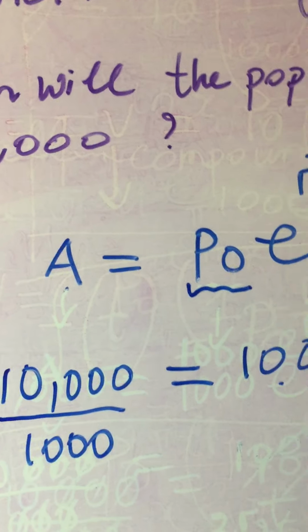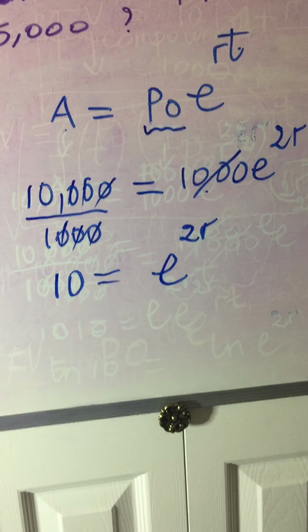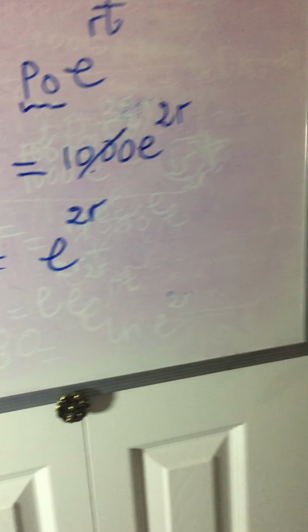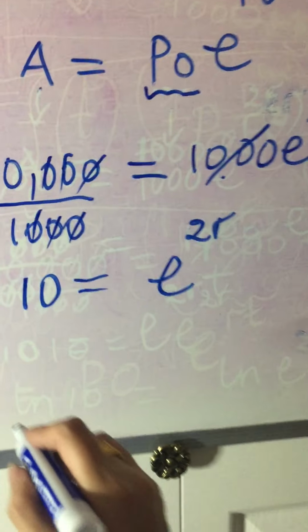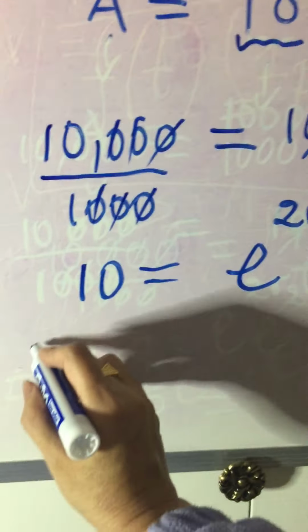e to the 2r. Now I can solve this equation by taking ln of both sides. So ln 10 equals 2r, and I'm going to bring the 2r down in front of ln e, because that's how we apply the power rule of logarithms.